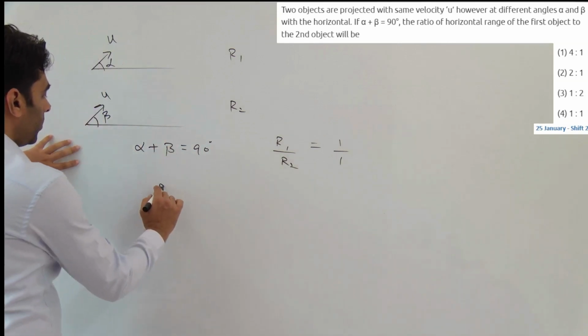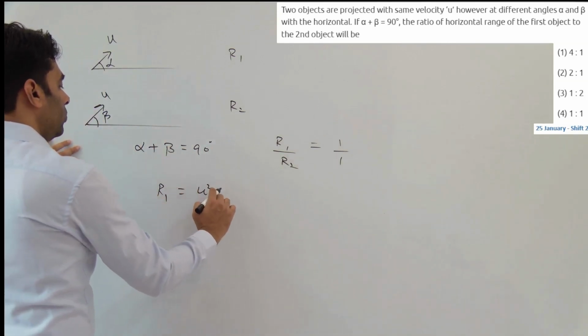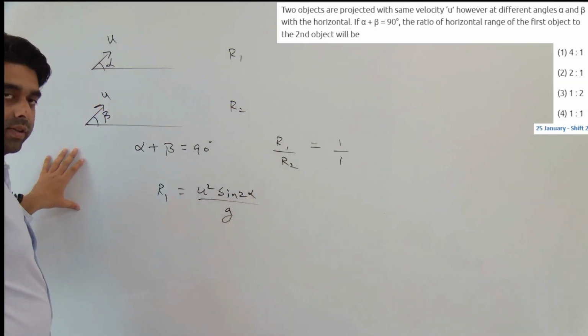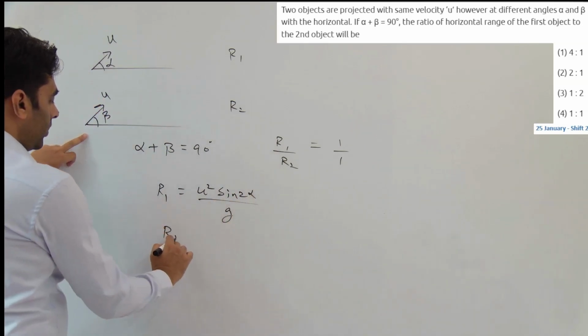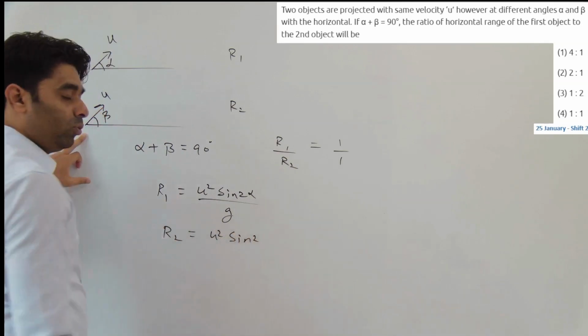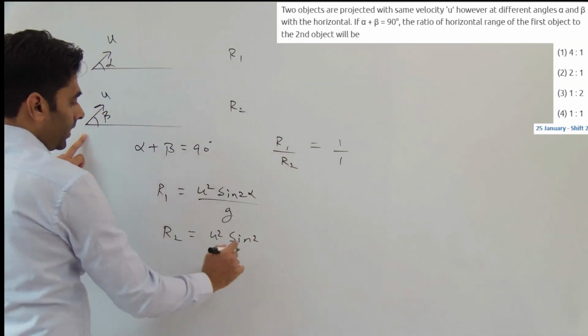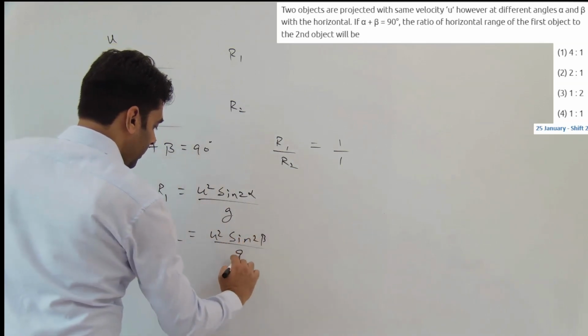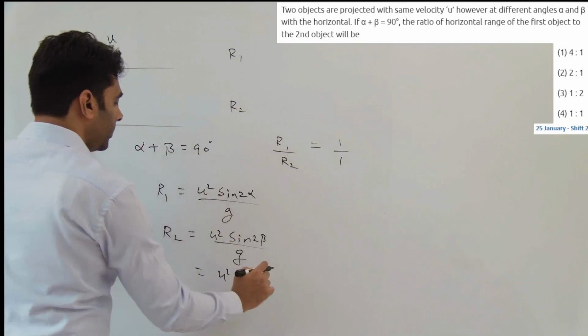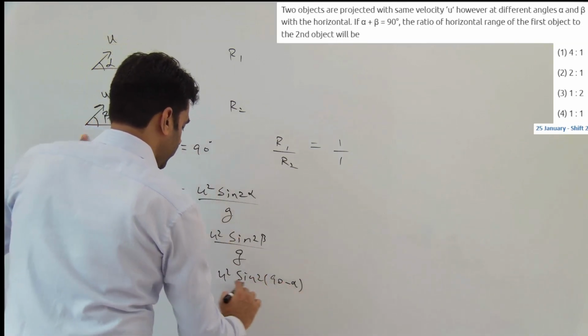So what do we write for range? Range 1 will be u square sine 2 alpha by g. Range 2 will be u square sine of 2 beta by g. So I can write u square sine of 2 times beta, where beta value is 90 minus alpha, by g.